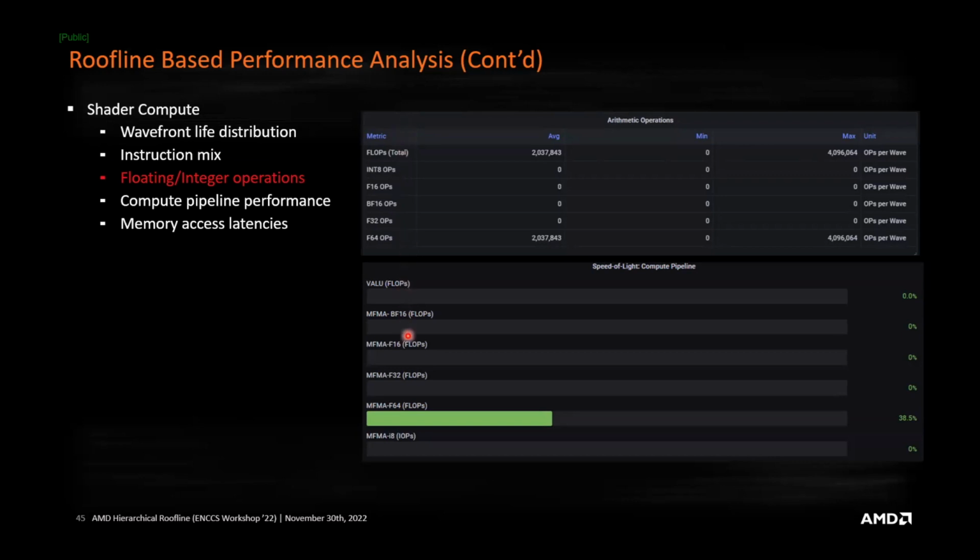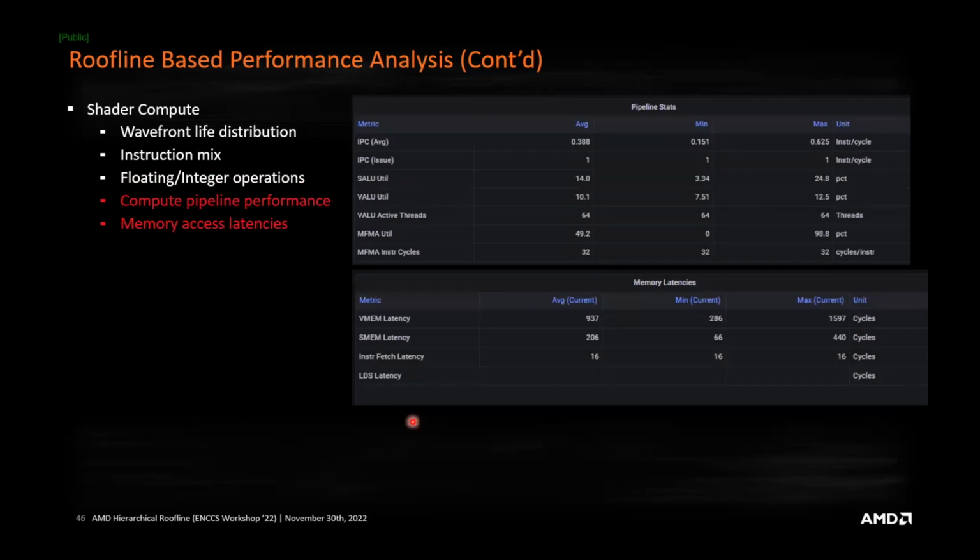Obviously here we're doing lots of MFMA, FP64, your compute pipeline, and your memory access latency. So with OmniPerf, the first step is doing that roofline analysis, and then once you've found kernels of interest, you can step through the rest of the data in that front-end visualization to figure out where your performance is being left and where you can improve.